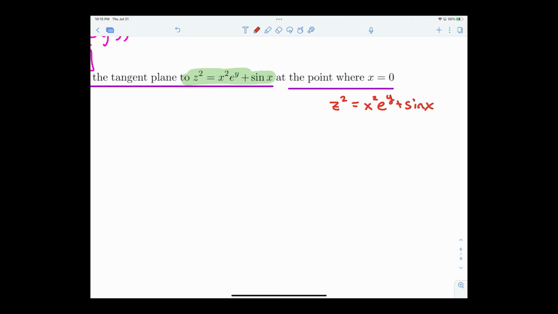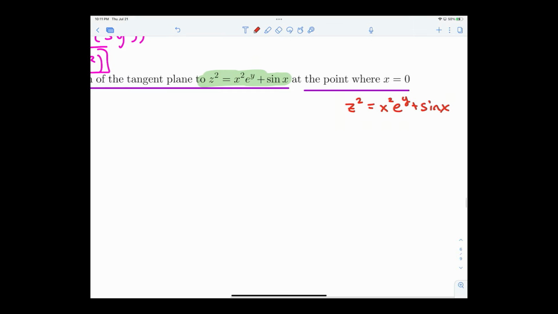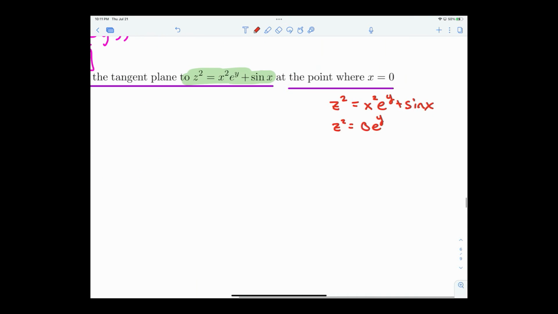And we know that x equals 0 and y equals 1 at the point we care about. So fill those in. x equals 0, so we have 0 times e to the y, but y is 1, so 1, plus sine x, but x is 0, so we have 0 plus 0.